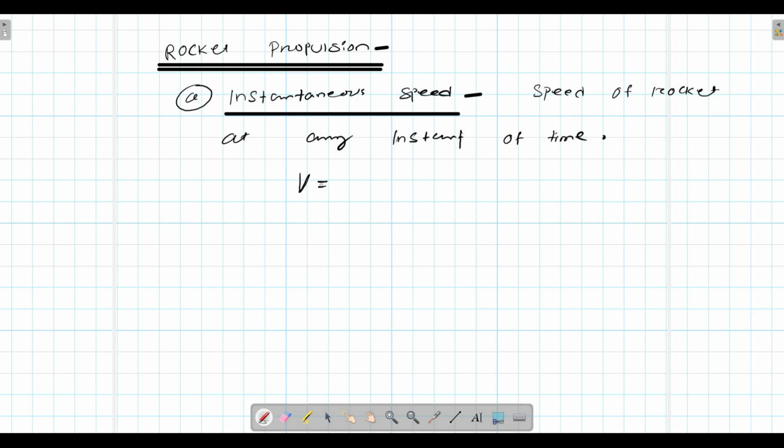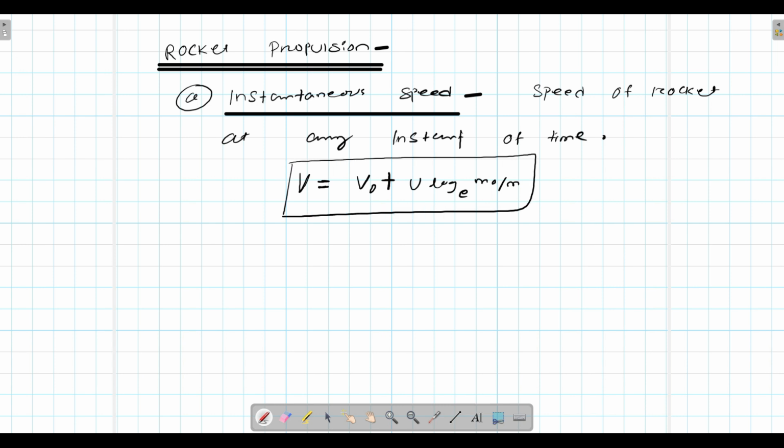So V equals V0 plus u log M0 by M. That is the instantaneous speed. V is the instantaneous speed.